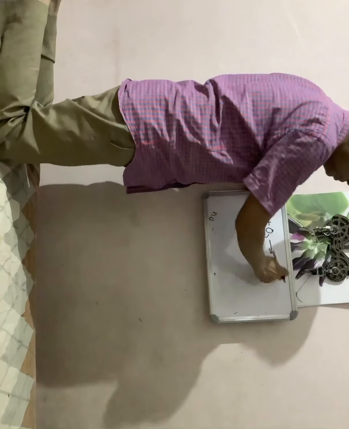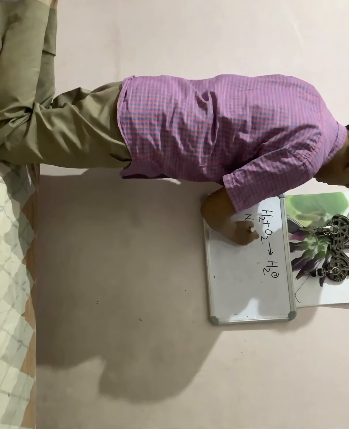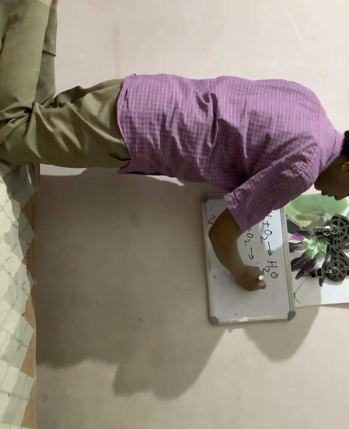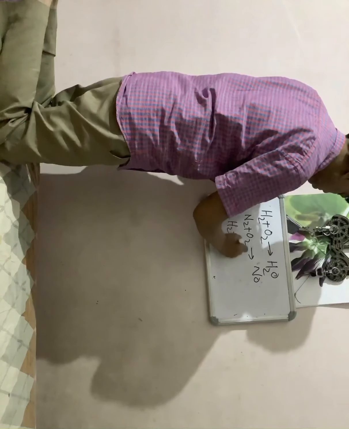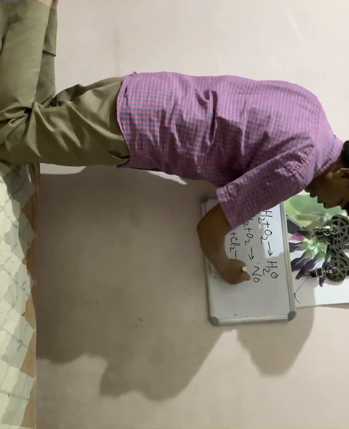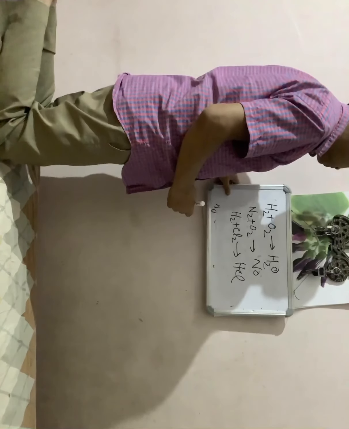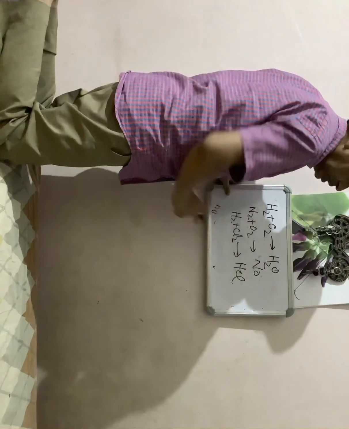Two elements combine to form a compound. N2 plus O2 will form NO. H2 plus Cl2 forms HCl. These are examples of combination reaction. Two or more substances combine to form a single substance.